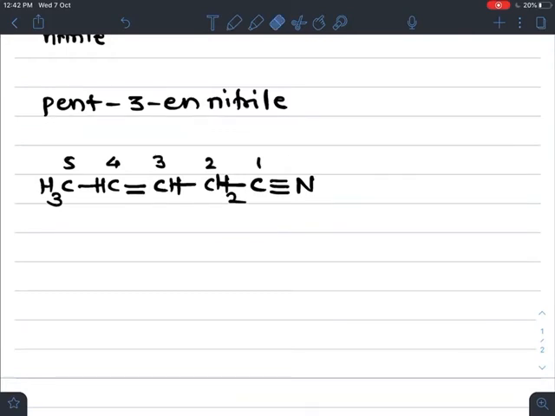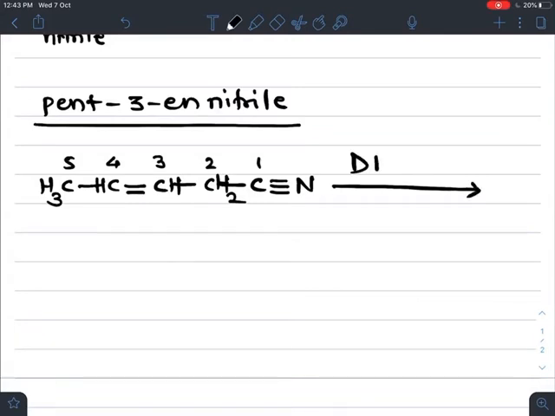When this pent-3-enenitrile undergoes reduction with diisobutyl aluminum hydride and further acid hydrolysis, you can simply convert the CN group into a CHO group.